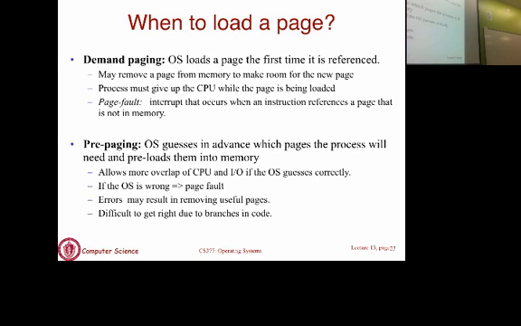And then pre-paging is a form of request paging where you may have to guess in advance, and if you guess right, you will actually not stall the process. Maybe the application is sitting in a loop and it's accessing the same set of pages. If you cannot store them all, you have to see what pattern the pages are being accessed in, and then bring the pages in just before the process accesses them.